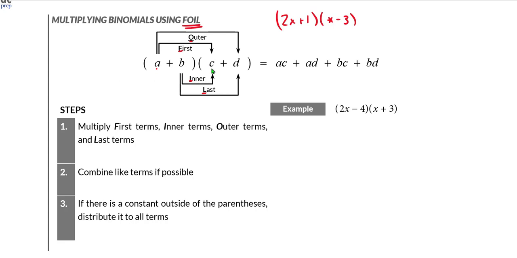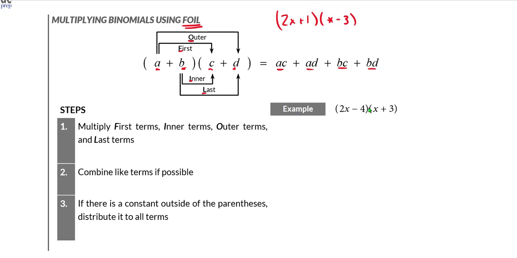We first multiply the first terms, a and c, those are the first terms in each binomial. Then we multiply the outer terms, the a and the d, those are the outer terms in the two binomials. Then the inner terms, and then the last terms, the two terms that are last in each binomial. In that way, we end up with our product of the two binomials.